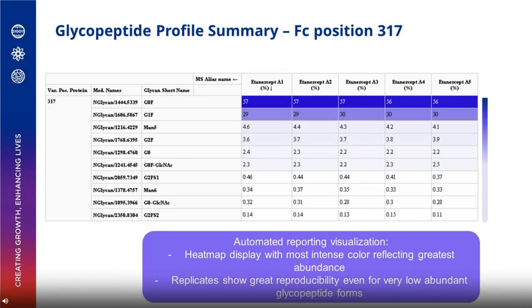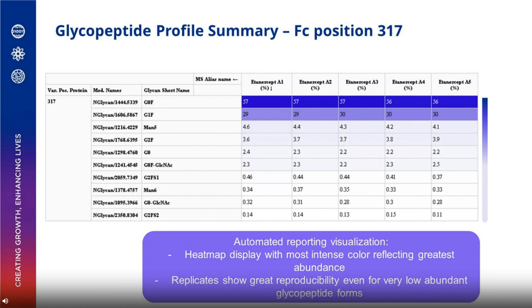Here is the summary table of the IgG Fc region 317 glycan profile. There are a total of 10 heterogeneous glycan structures observed in this glycopeptide. In the protein metrics software, we can automatically generate a heat map to visualize the color-coded abundance, with the most intense reflected by dark colors and the lower abundance by light colors.